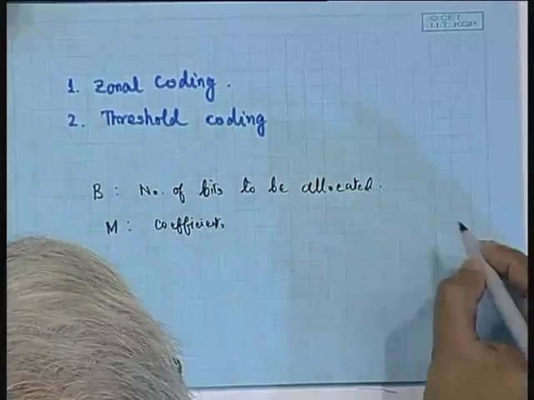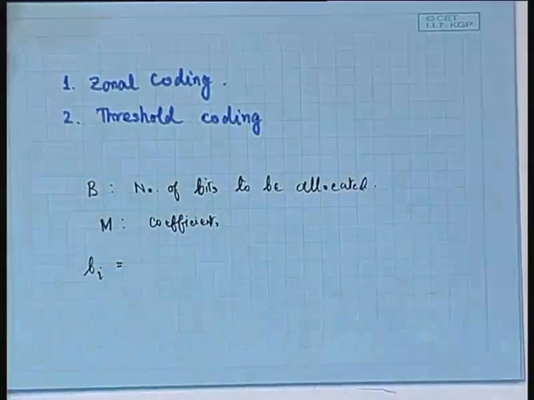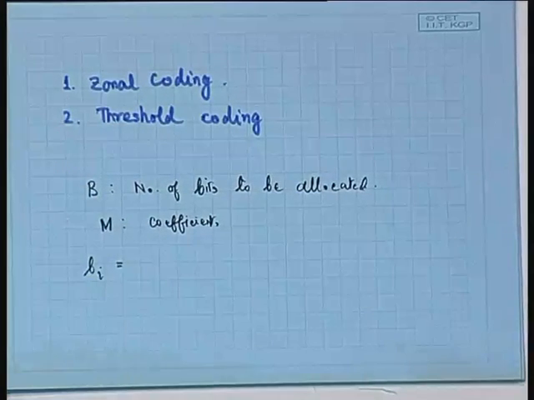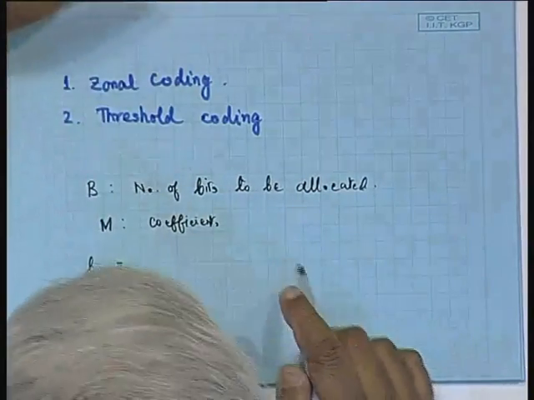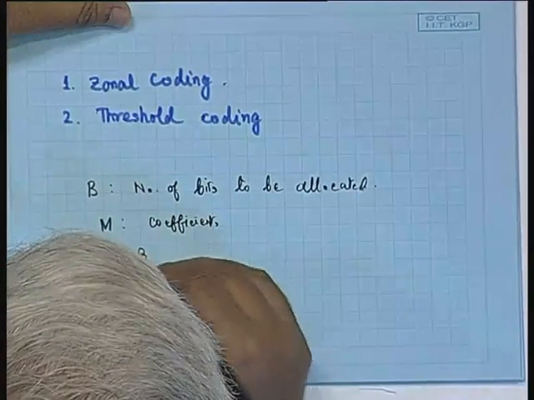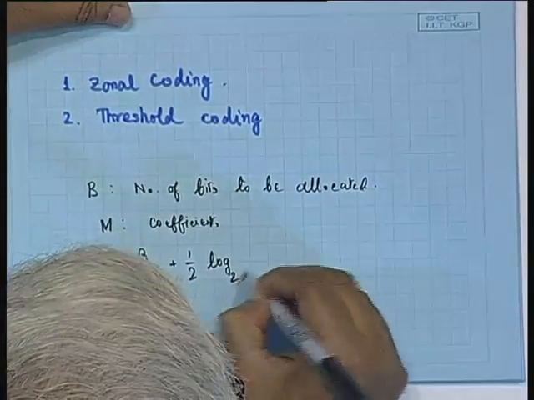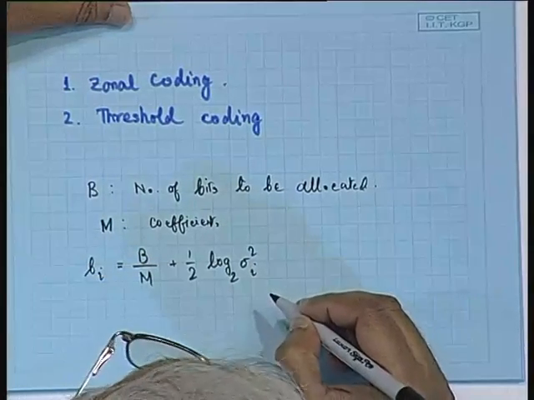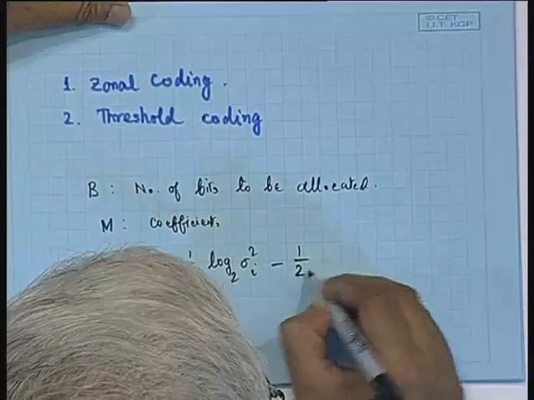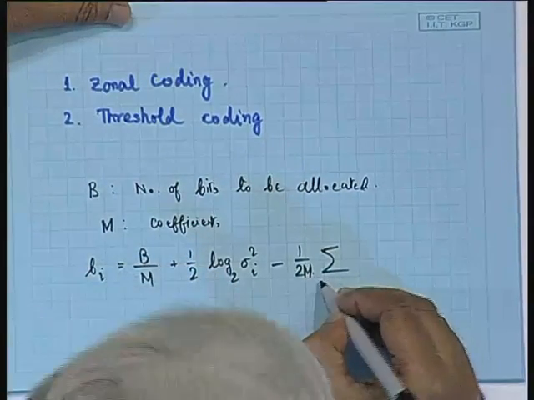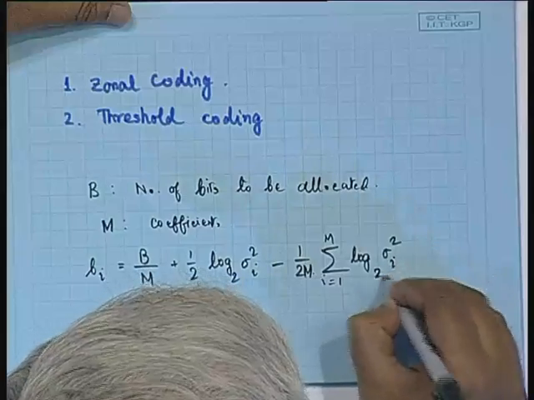But for the ith coefficient we assign bits equal to b_i, and that we can express as: the number of bits allocated to the ith retained coefficient is given by B by m plus half log to the base 2 of sigma square i, where sigma square i is the variance associated with the ith coefficient, minus 1 upon 2m into the summation i equal to 1 to m of log of sigma square i to the base 2.